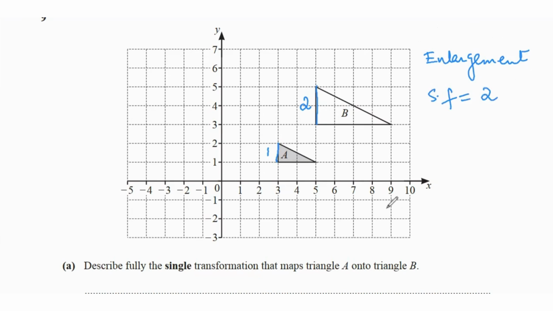Next thing we need to know is the center of enlargement. For the center of enlargement, I'm going to connect corresponding points to each other.